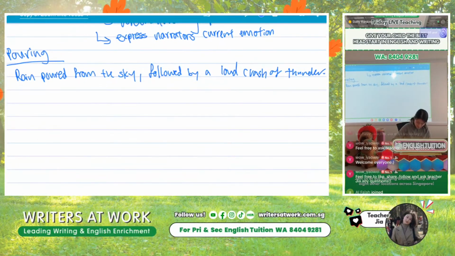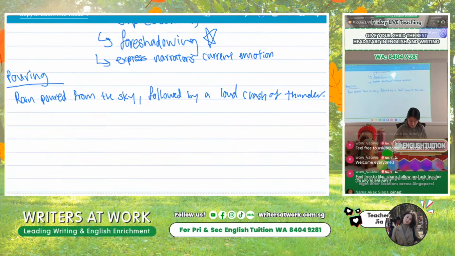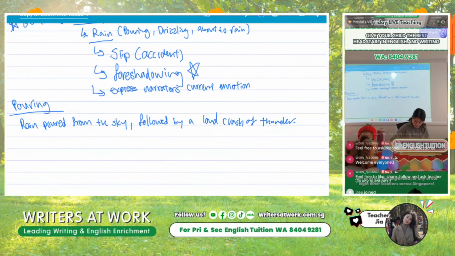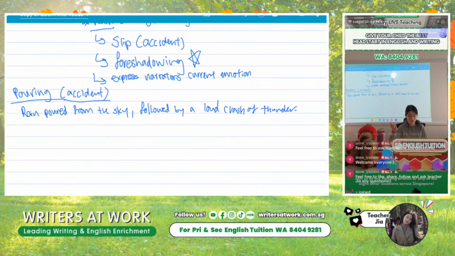Then let's say we want to do a bit of a slip accident. We're talking more about how something is about to happen, so we're setting the scene. What would usually happen if an accident was about to occur? How do we lay the scene? We're going to make sure that the floors are slippery, and that's why an accident is going to happen.